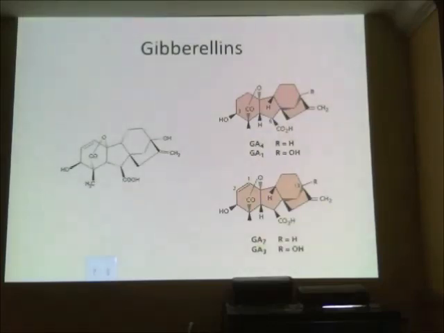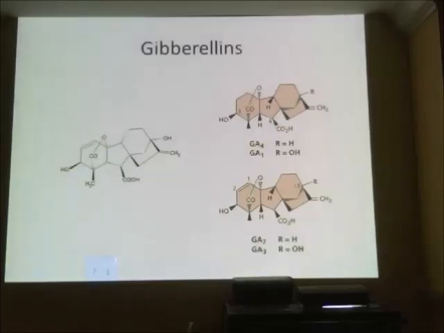And finally, gibberellic acids, in concert with abscisic acid, one of the other PGR classes, have an inverse relationship, and they act in tandem with one another to regulate seed development and germination.